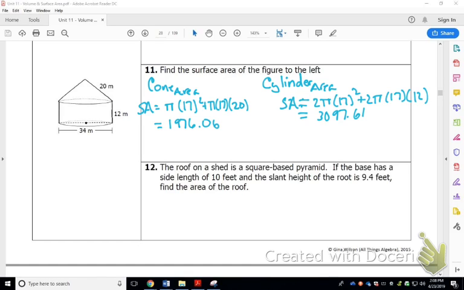So rule of thumb is that when you're doing these composites, if you've got sides that are touching each other, as in this case, those two bases, now you have to subtract them back out. Okay? Because now you don't see them. All you see is this part of the cone, and this part of the cylinder plus the base. Okay? So we're going to subtract that out.